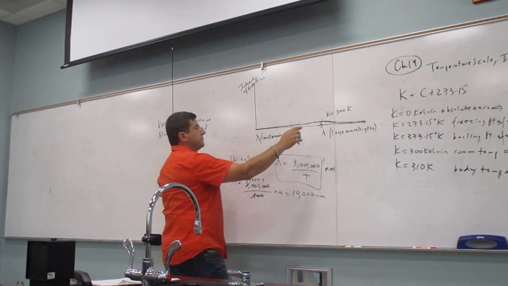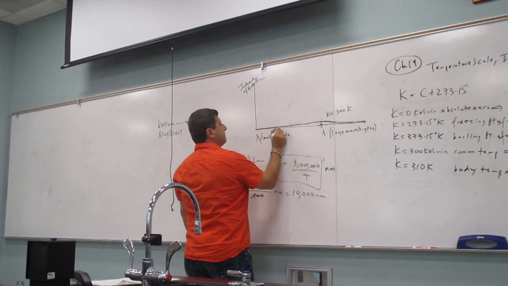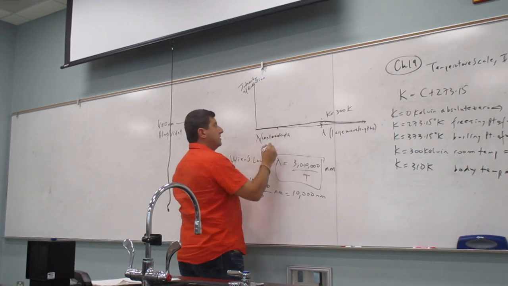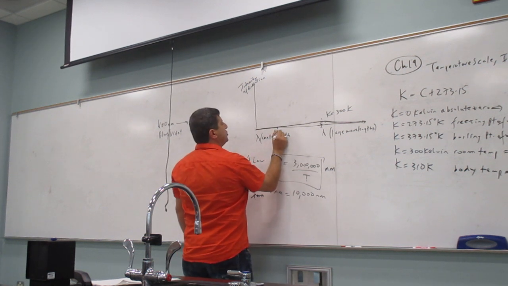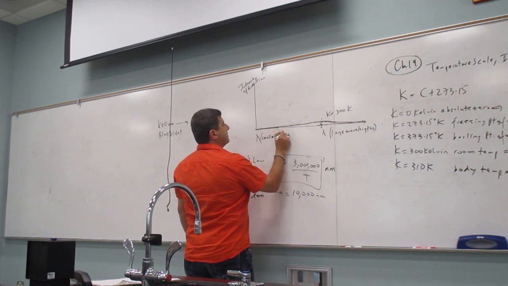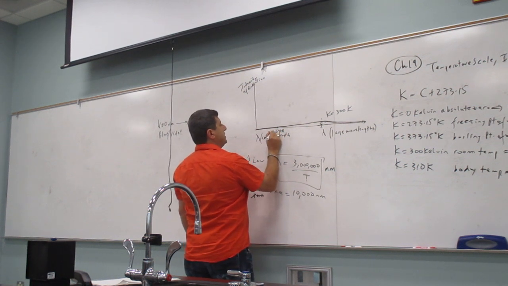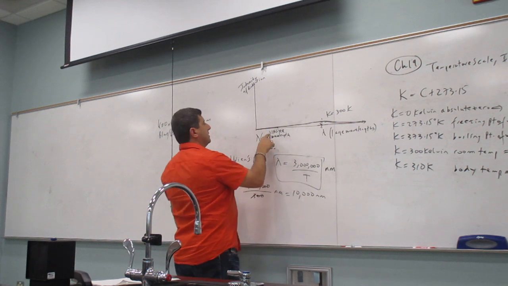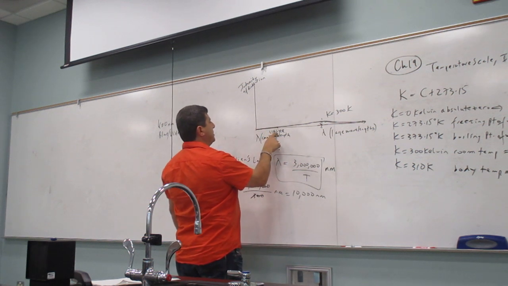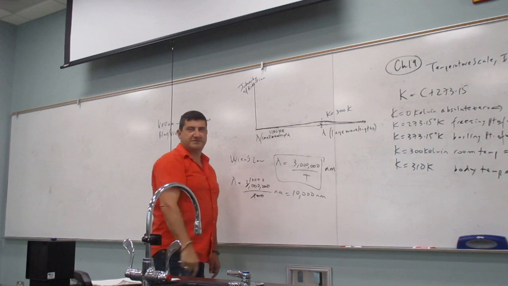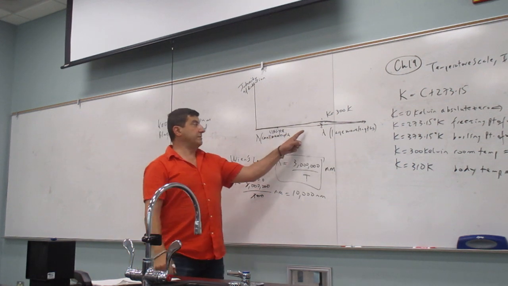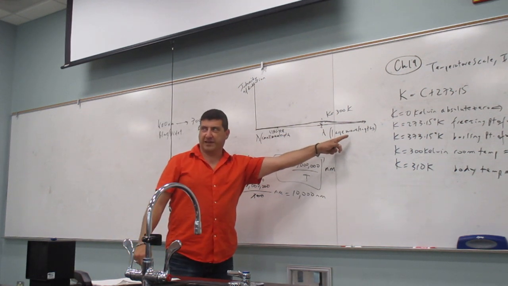So on this plot, it would be somewhere here, for example. You know, Roy G. Biv. Violet, indigo, blue, green, yellow, orange, red. And then you keep increasing the wavelength to infrared.